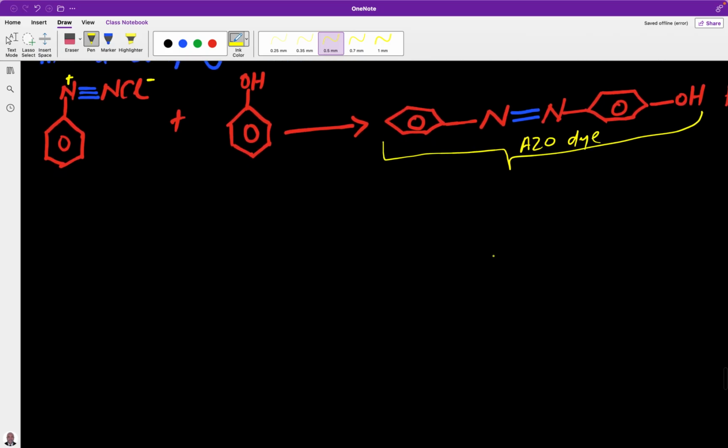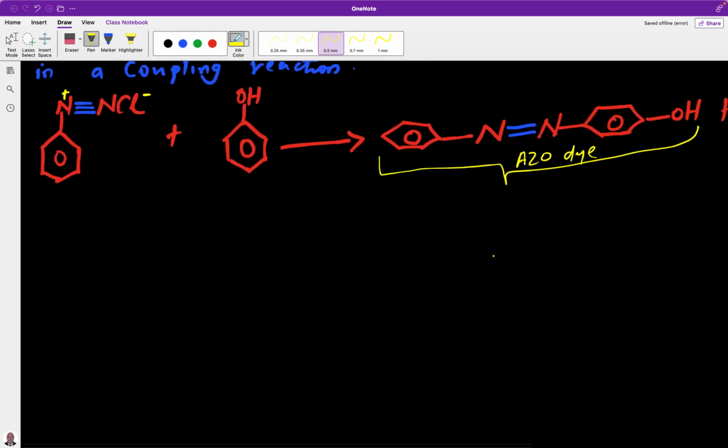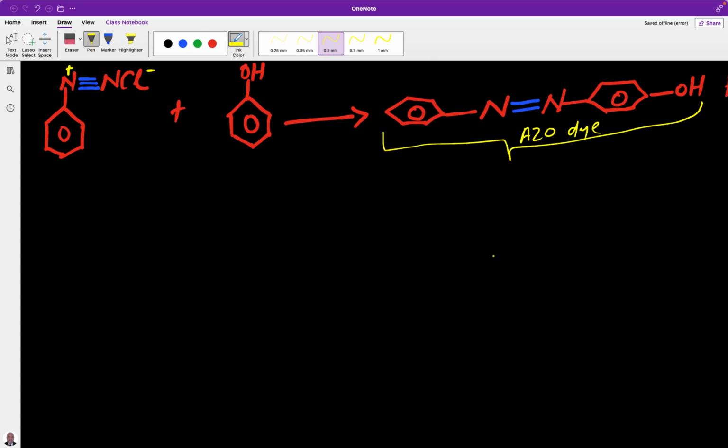The mechanism is not really needed. But if you really want to know how this came about, because you could still be given the equation to write for purpose of revision, this is how you can do it. You put it like that. Okay, the nitrogen.